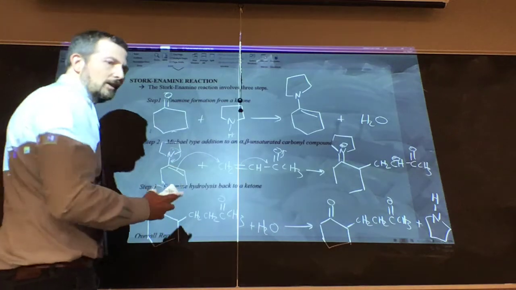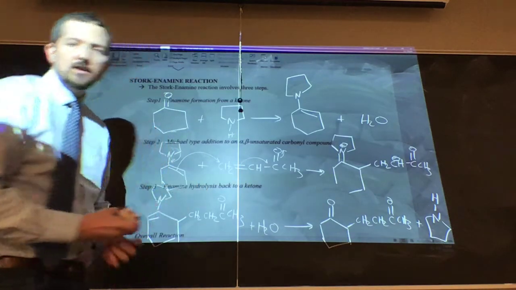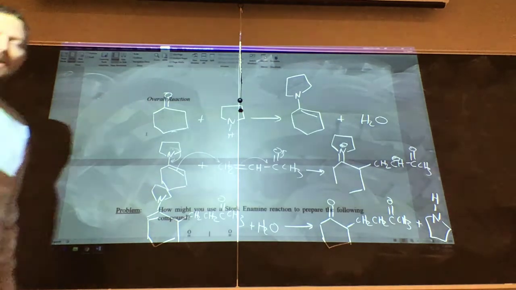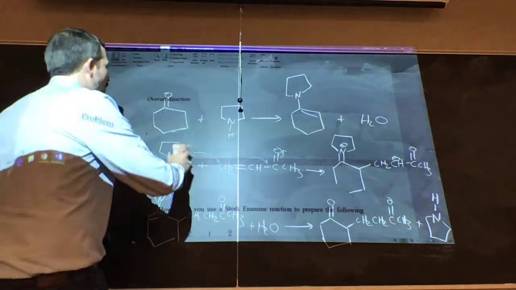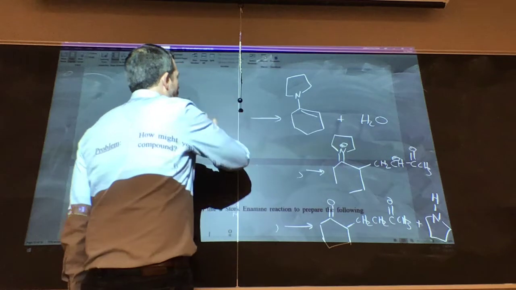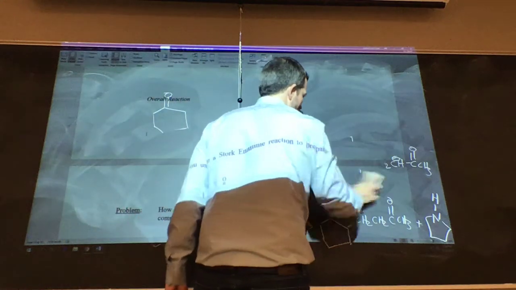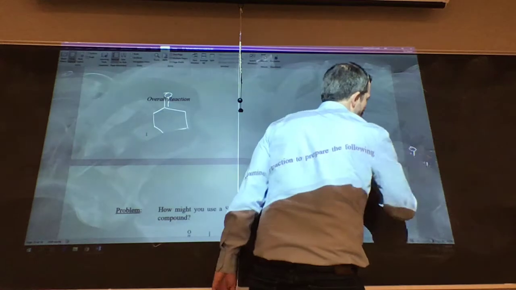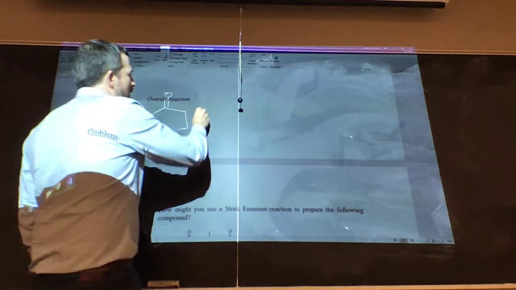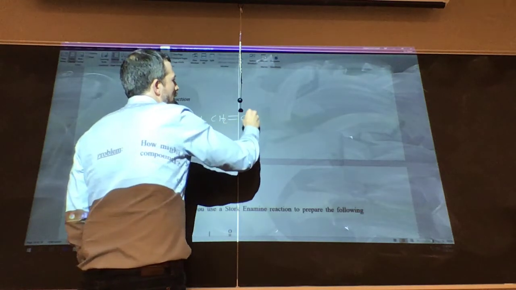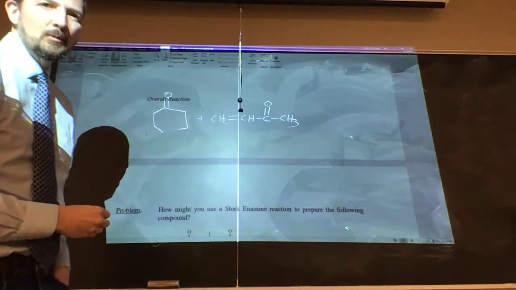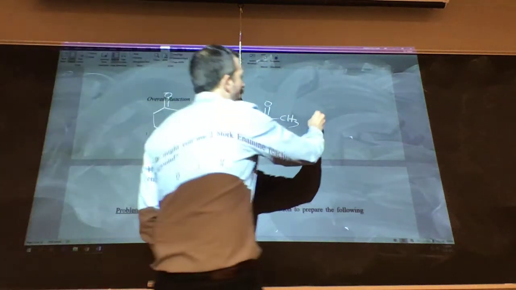So if I was drawing the overall reaction for this, and that's the part that I want you to know. You see a monocarbonyl compound, and you have some kind of an alpha beta unsaturated carbonyl compound.